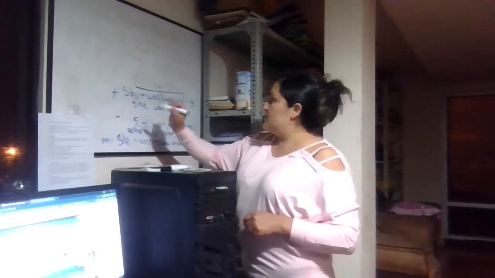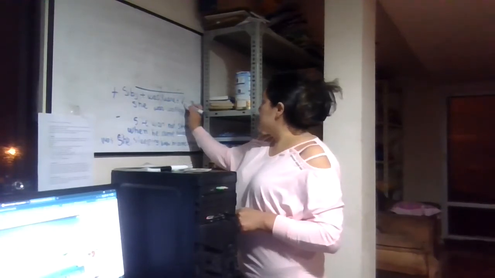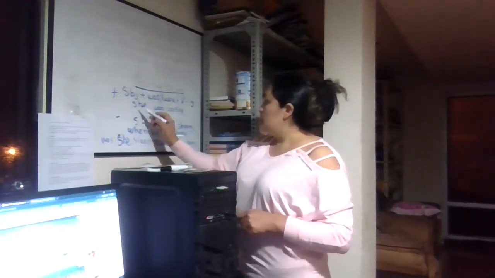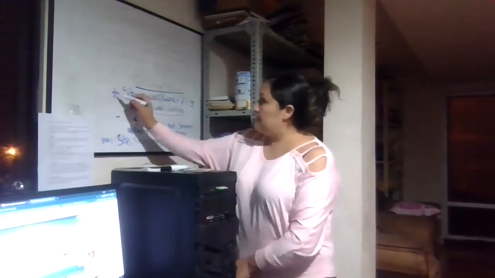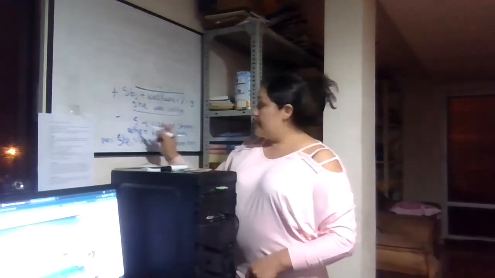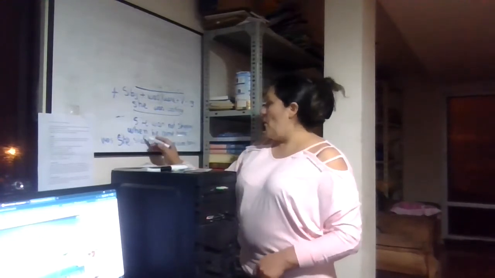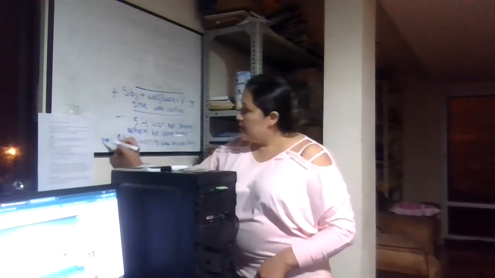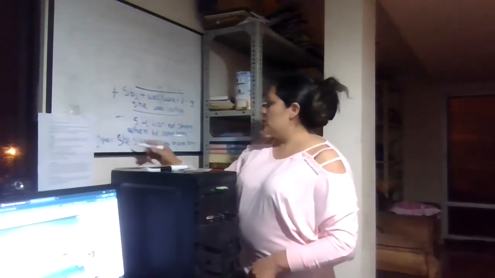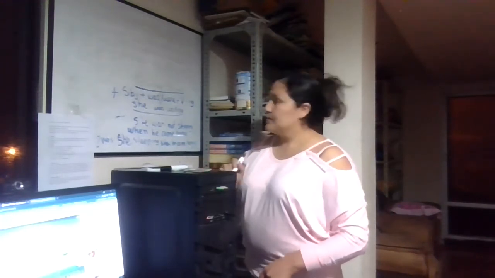It has subject plus was or were plus verb plus ing. For example, she was cooking is the positive. In the negative, she was not sleeping when he came home. In the interrogative, was she sleeping when he came home?